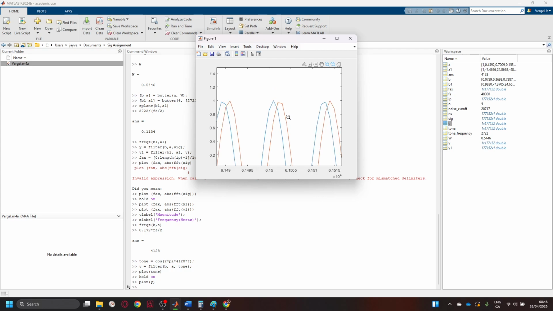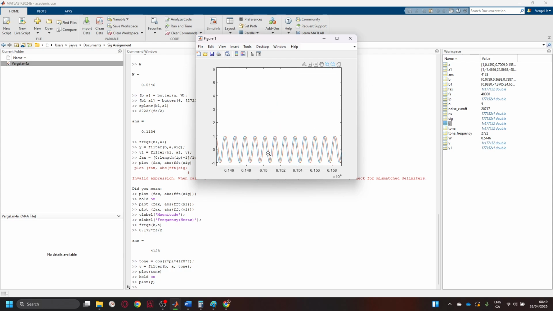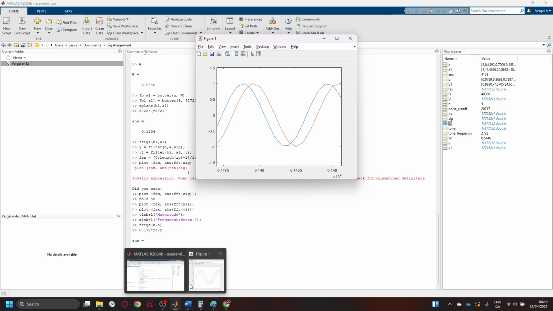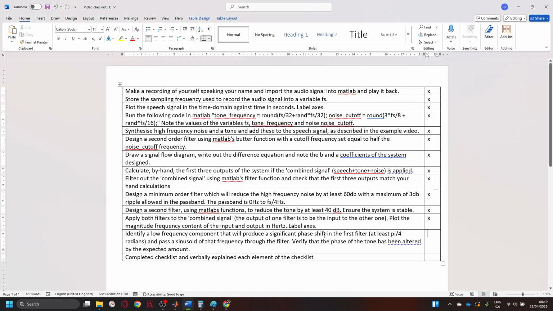So if we just zoom in again, this is about, yeah, this looks about right. So the phase has been altered by 45 degrees. So I'm going to put an X on that. So everything is complete. Thank you.